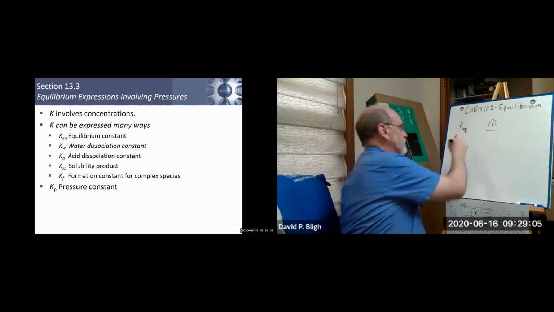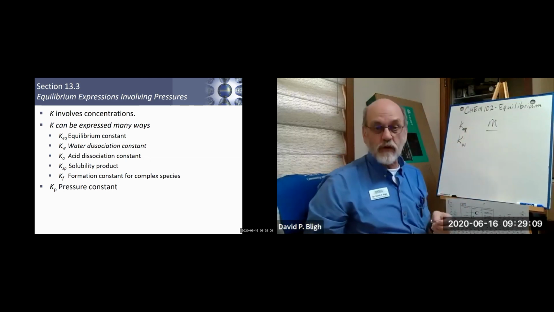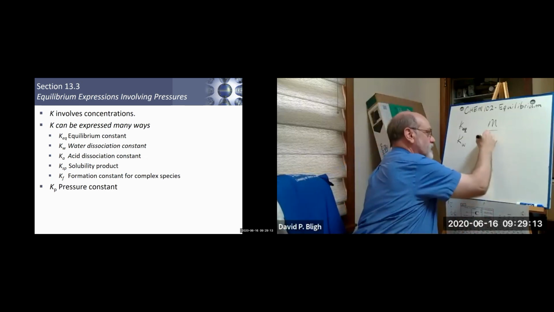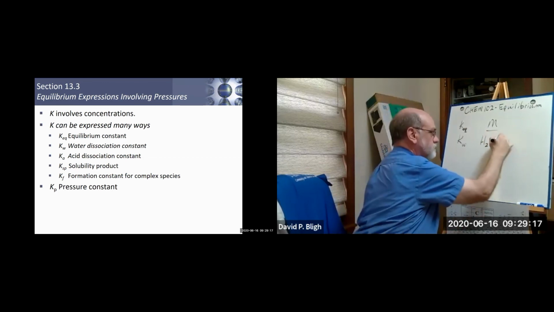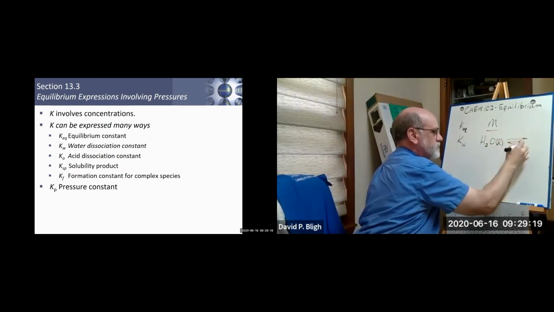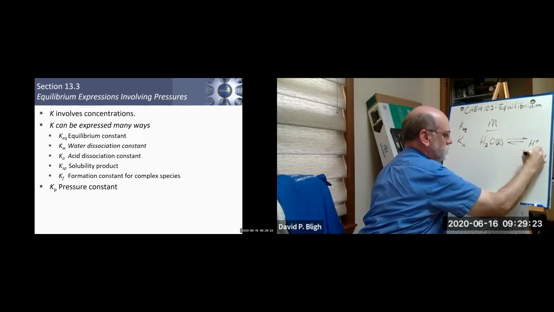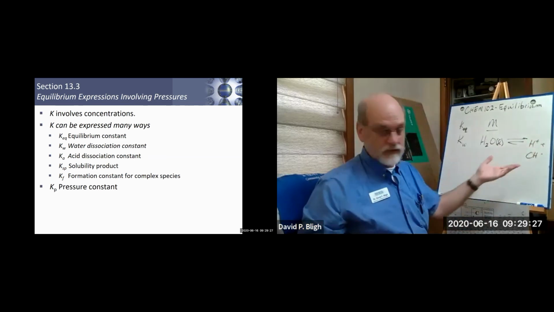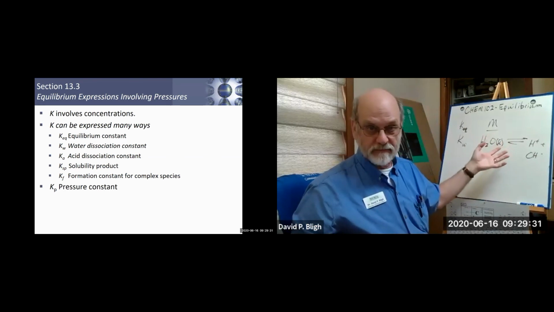Another interesting K has to do with the dissociation of water. If you have pure water, it will dissociate into those two ions in solution, and you can write an equilibrium expression for that.